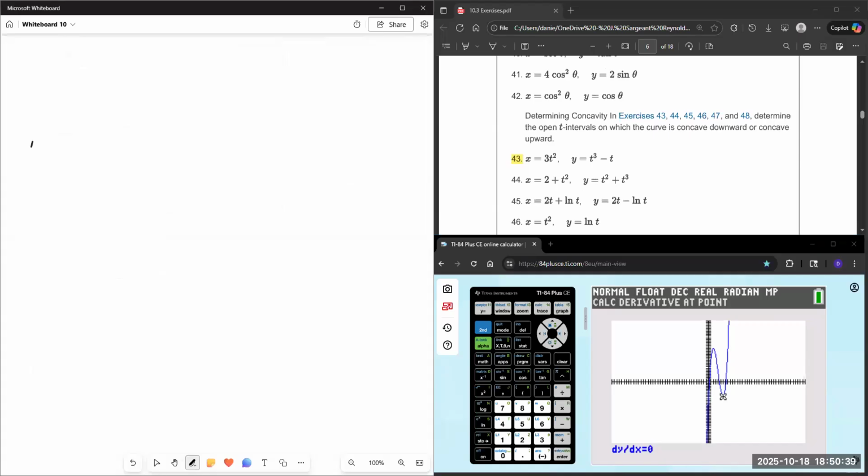We want to determine concavity. x is equal to 3t squared. y is equal to t cubed minus t.